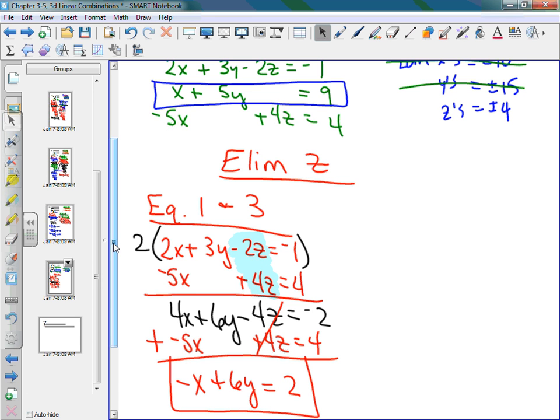Equation 2 and my other one that I came up with. So I'm going to use x plus 5y is equal to 9, and -x plus 6y is equal to 2. And I'm going to either do elimination, substitution, or Cramer's rule to come up with my point of intersection. So you tell me, what method would be easiest?